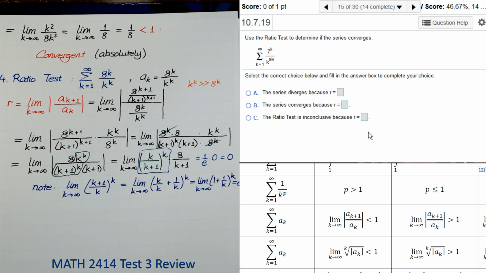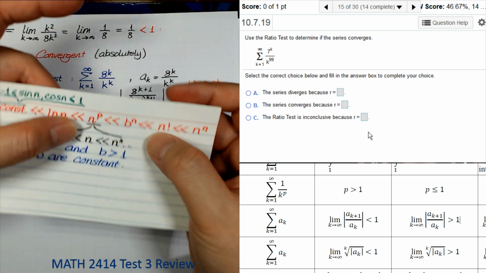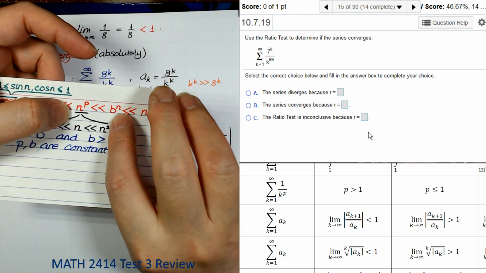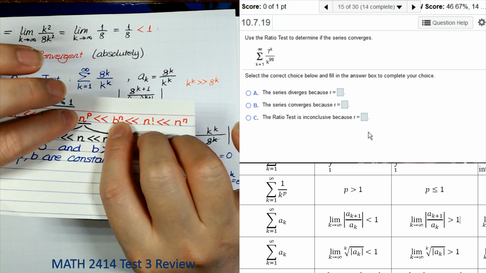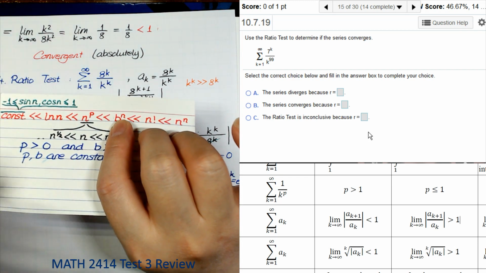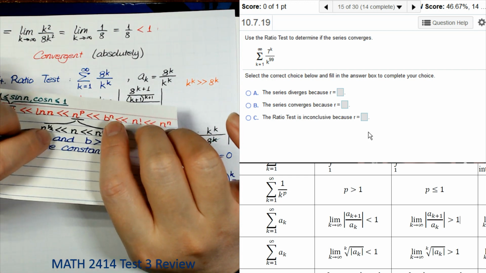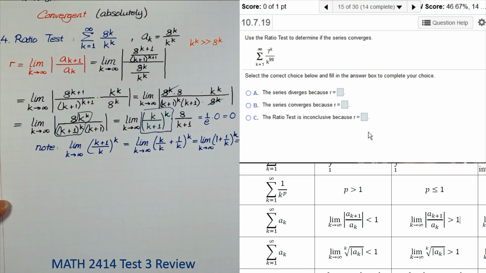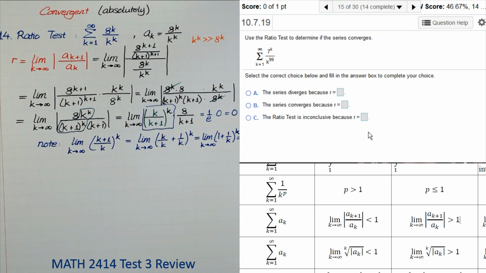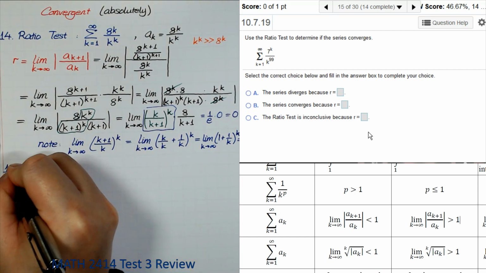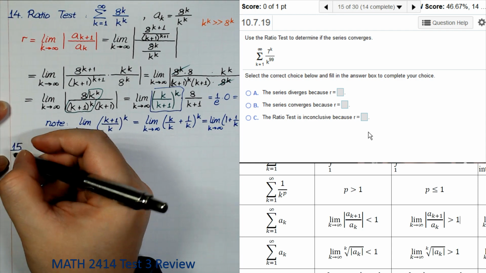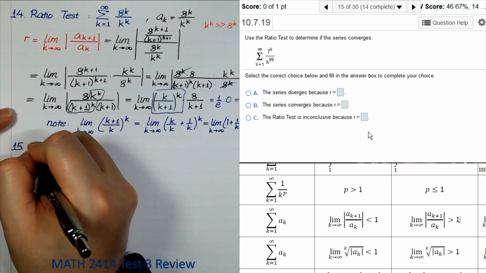Right, next one. 7 to the k over k to the 99. 7 to the k is the exponent, k to the 99 is a power. So actually this one, the top, has a higher ranking than the bottom. Therefore this one is divergent. But we still need to do it. Let's see if it works that way. And again, ratio test.